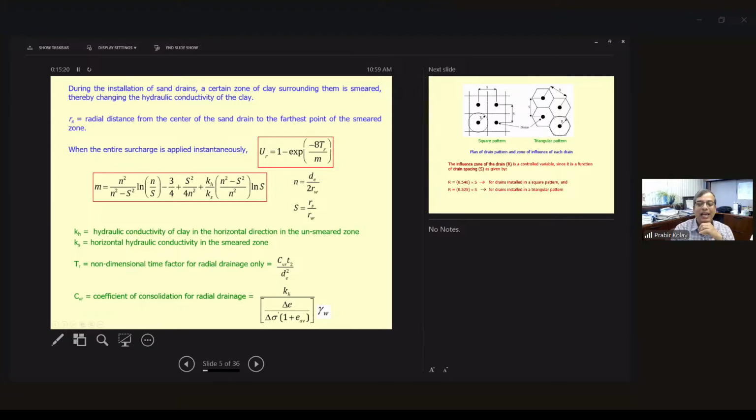And s you can calculate as R_s by R_w, where R_s is the radial distance from the center of the sand drain to the farthest point of the smeared zone. As I mentioned, some portion is mixed, the smeared zone, so that's the farthest point you can calculate.